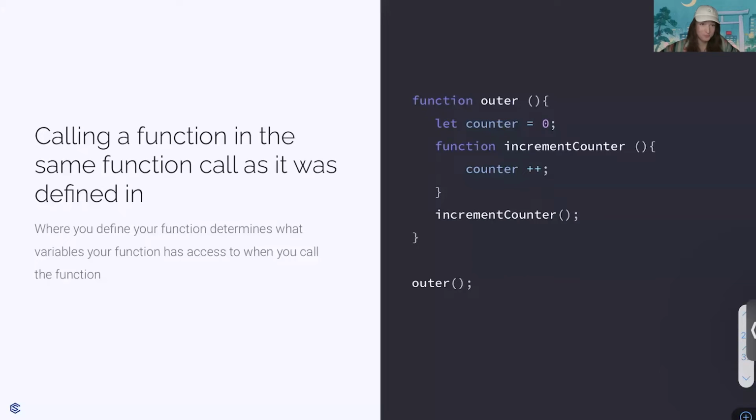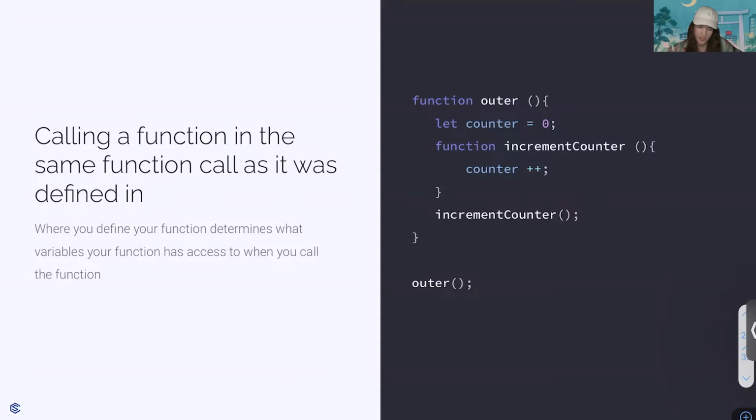So now we're going to call a function in the same function call that it was defined in. Okay, we're getting weirder. Here we see this function outer, and we've declared a counter, and we make this increment counter function. Looks like it's going to increment the counter. It looks like it's aptly named.